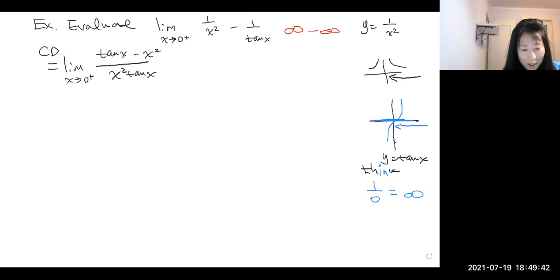The numerator has 0 minus 0 because of x squared. And then the denominator, we have x squared times tan 10x, also 0. Okay. Now we can apply L'Hopital's rule.